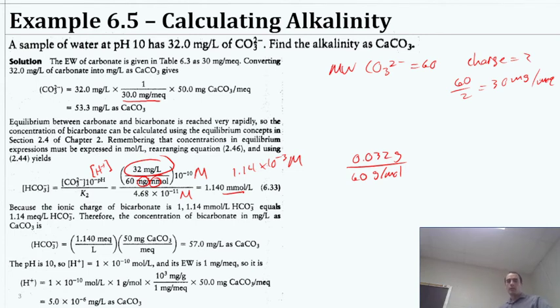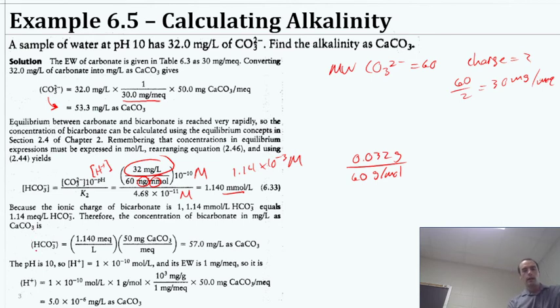Okay, so then they go on and say, basically from there they're going to convert everything into as CaCO3. They already did that for the carbonate. We solved an example for that earlier. You can check their work there.